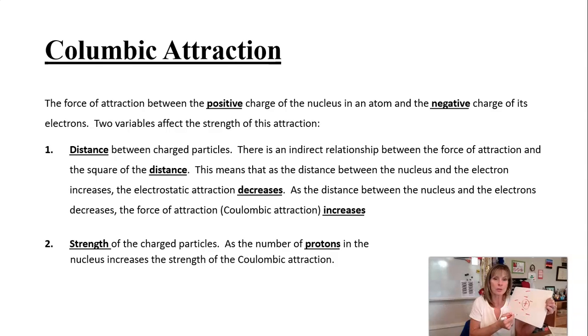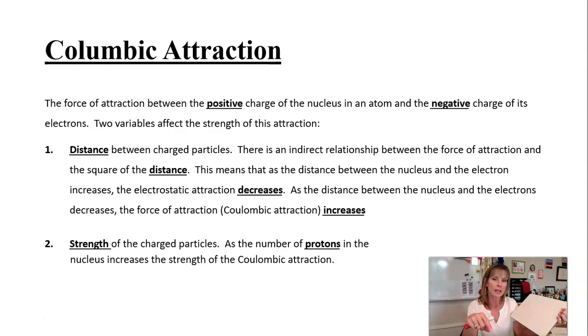Why? Because they're closer to the nucleus. You're putting those magnets closer and closer, and all of a sudden you have a real strong attraction and they pop together. That's the same thing with the negatively charged particles and that positive nucleus. That's one thing that affects Coulombic attraction.